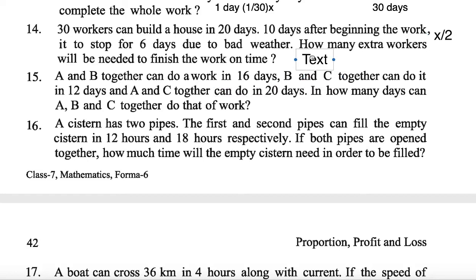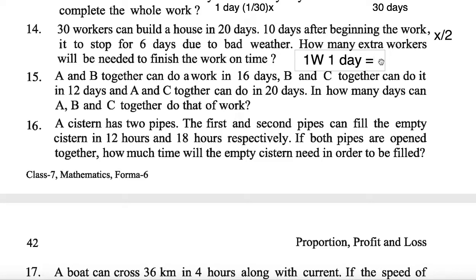Let's see what is the quantum of work a person can do in a given day. How many days for one worker to finish the work? One worker, one day, how much quantum of work can he do?